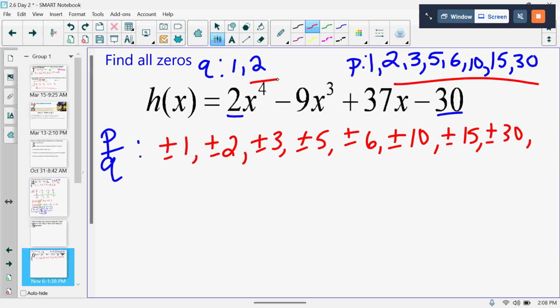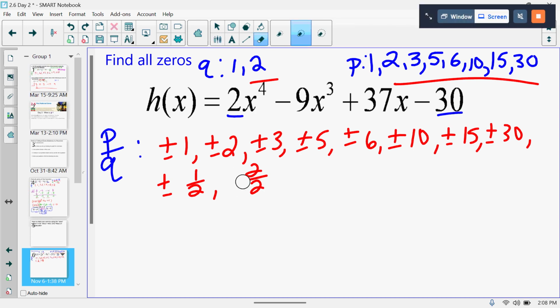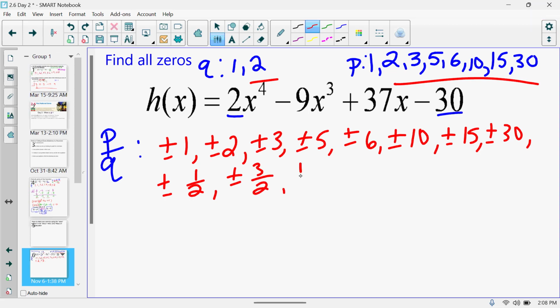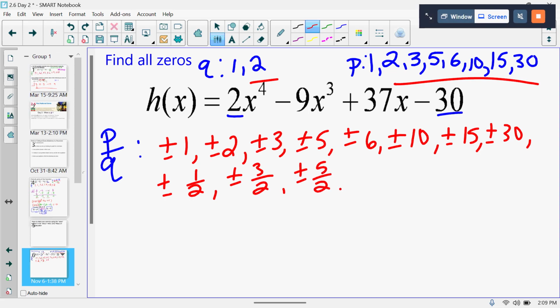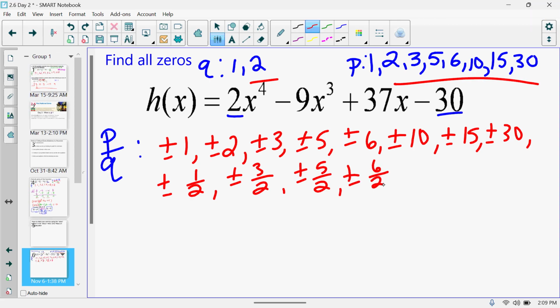So we would do positive or negative 1 over 2, positive or negative 2 over 2, that equals 1. We already have that in our list. Positive or negative 3 over 2, positive or negative 5 over 2, positive or negative 6 over 2. 6 divided by 2 is 3.